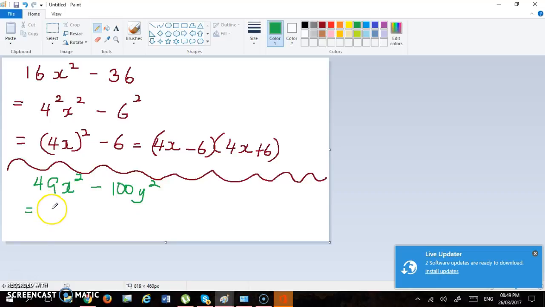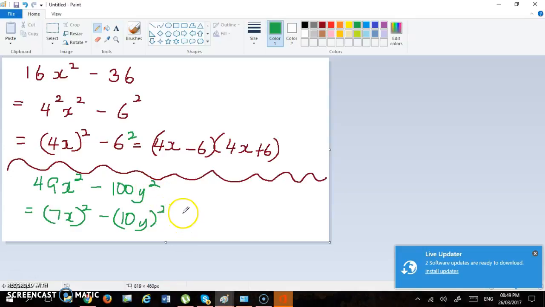So what I could say, so I'm going to jump a step. I could say 7x all squared take away 10y all squared. So I did not put in this second step that we did up here. I jumped to this step here.